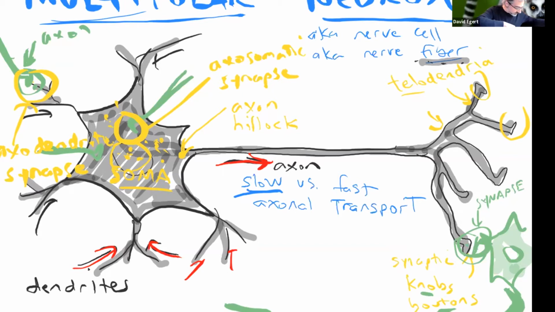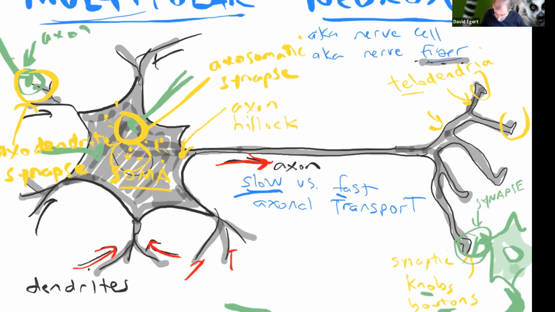I don't actually have the actual number. So it's slow. It's like millimeters a day if you're lucky. And if this thing is 3 feet long, slow axonal transport is not going to get you from the cell body out to the telodendria.